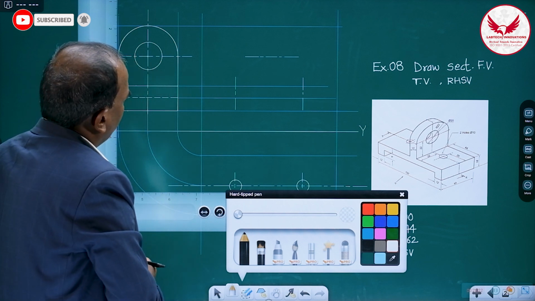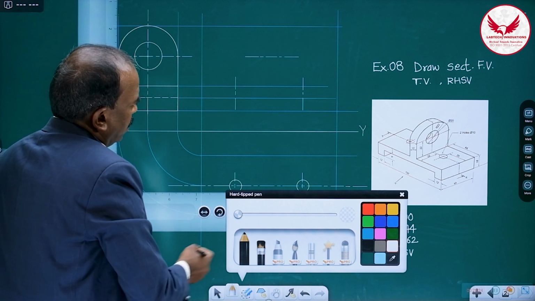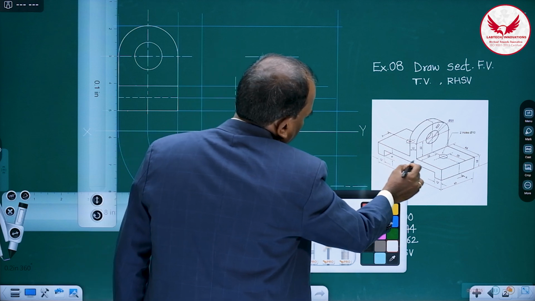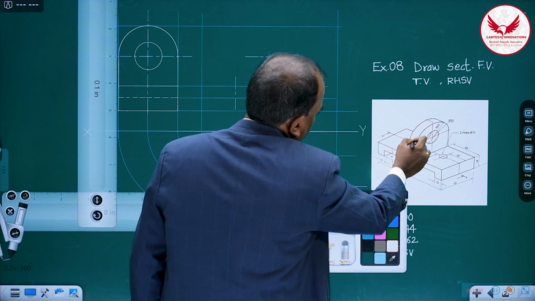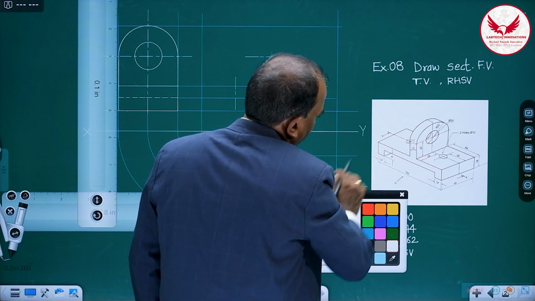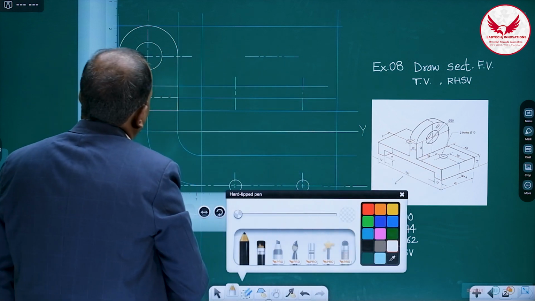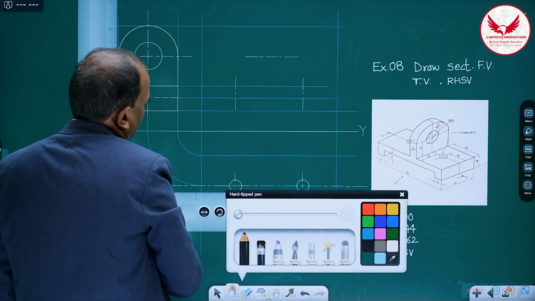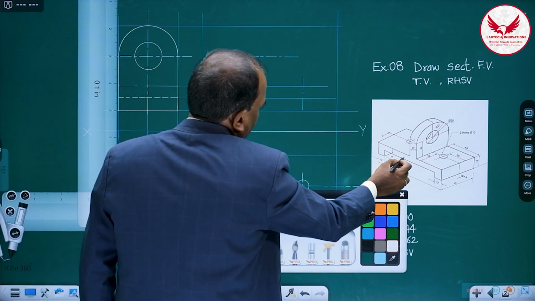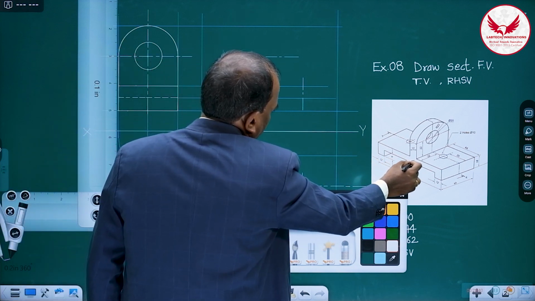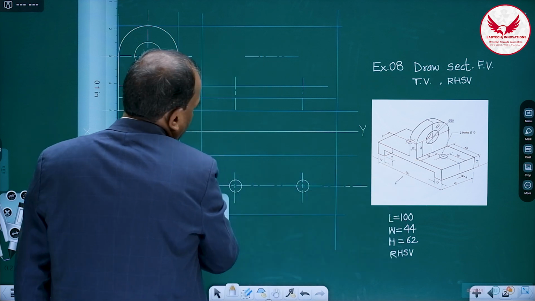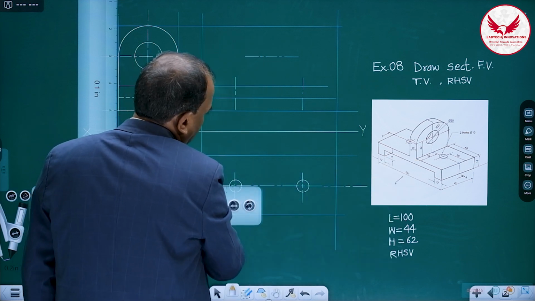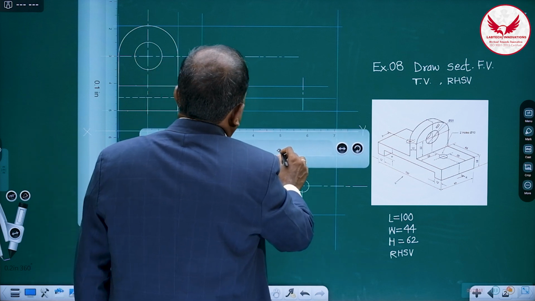Then for the front view, what do we have to do? In the front view, this base plate has this slot, and plus this there is a single surface only. And how can we mark it? Let's see. It is central. Whatever this portion is, it is central. How much is it? 12.